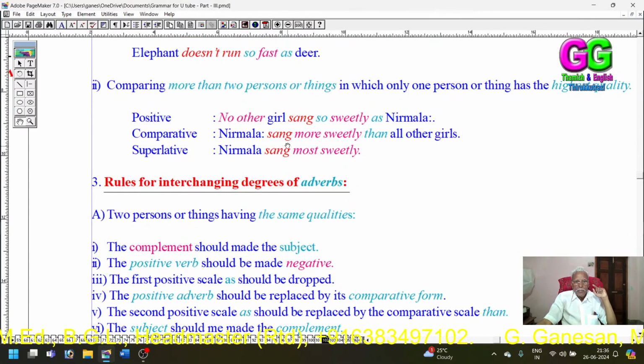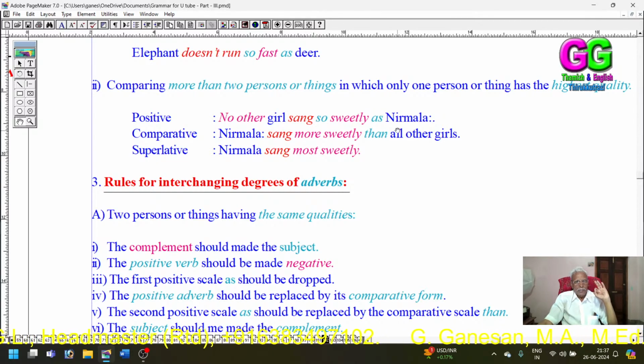Comparative. Nirmala sang more sweetly than all other girls. In comparative, the scale used is more sweetly, the comparative adverb plus than.